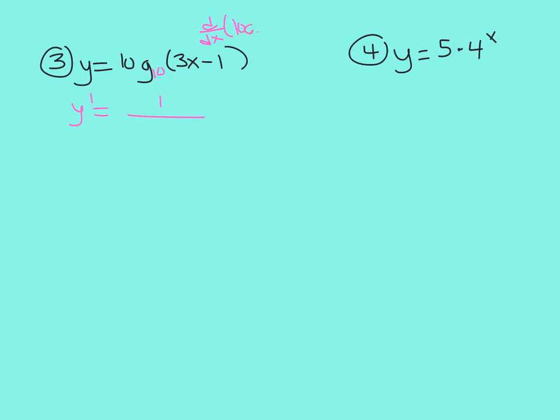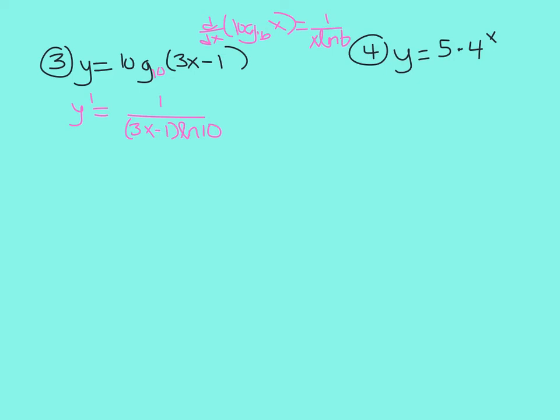You might actually have this in front of you, so you don't need me to write it down. So I'm going to do 1 over the stuff inside, which is 3x minus 1, times ln of the base. So that's my derivative of my outside.